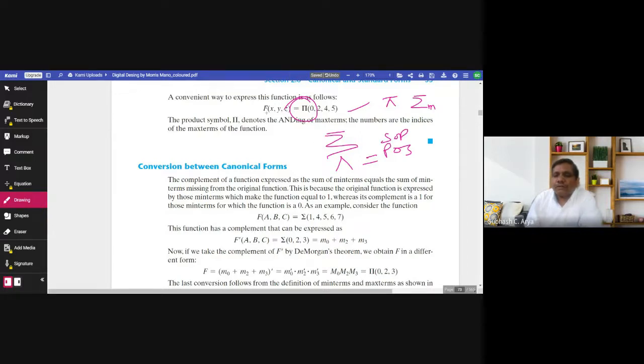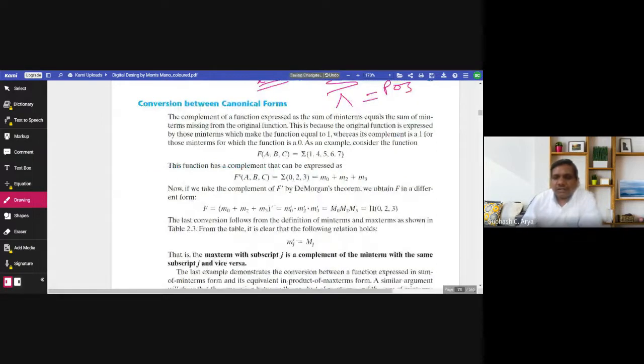So f of xyz is equal to pi of 0, 2, 4, 5. So these are the max terms. A max term is obtained after ORing primed or unprimed literals.